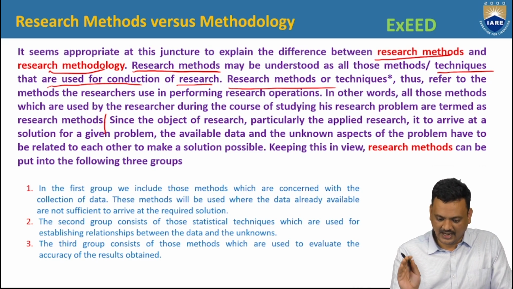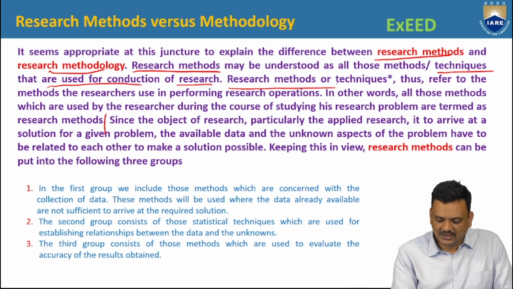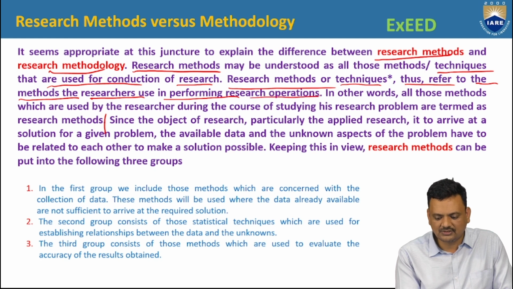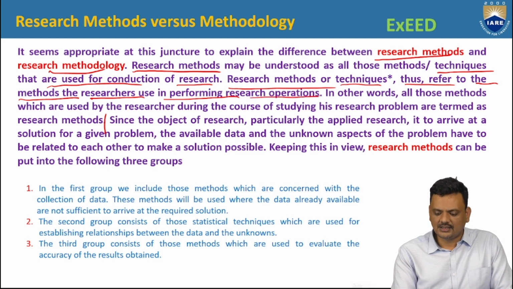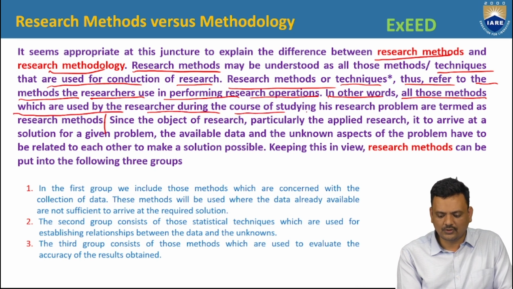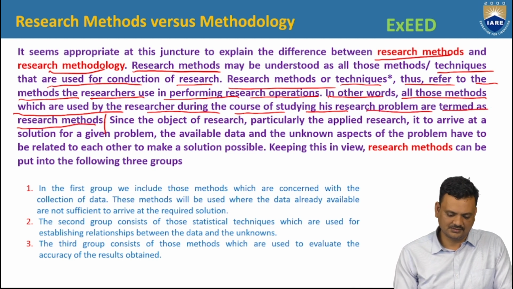Research method or technique thus refers to the methods the researcher uses in performing a research operation. In other words, all those methods which are used by the researcher during the course of studying his research problem are termed as research methods.